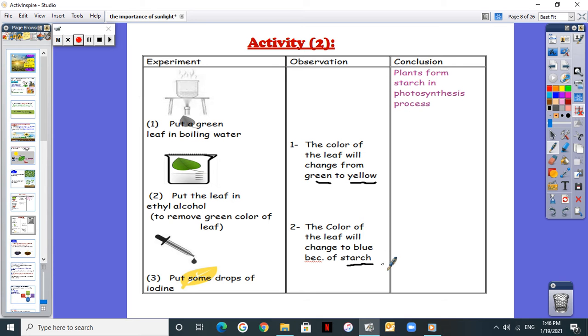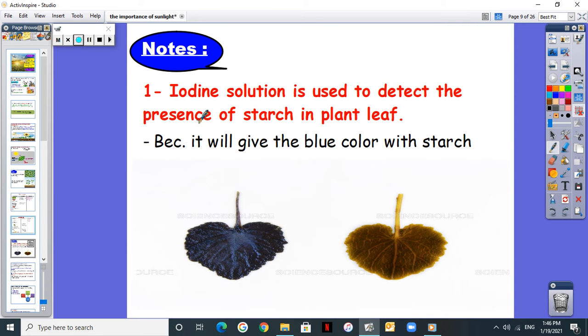So we know that inside this leaf there is starch. This is the yellow leaf and this is the blue leaf. When I put a drop of iodine on the yellow leaf, it turns into a blue leaf. So I know that this blue leaf contains what? Starch.